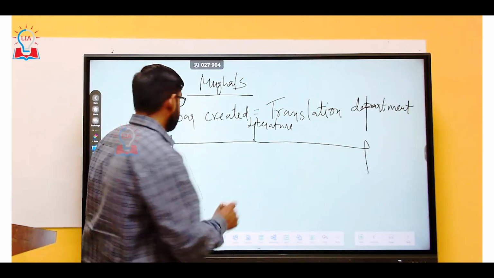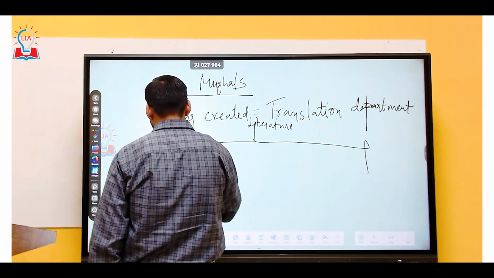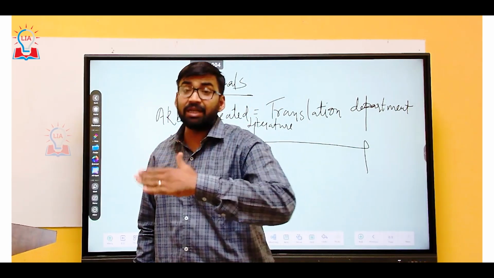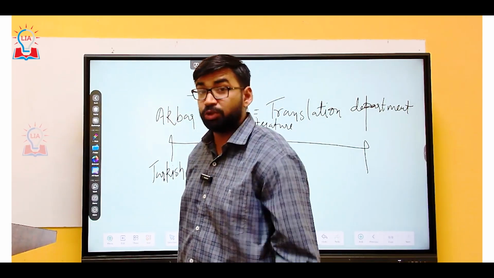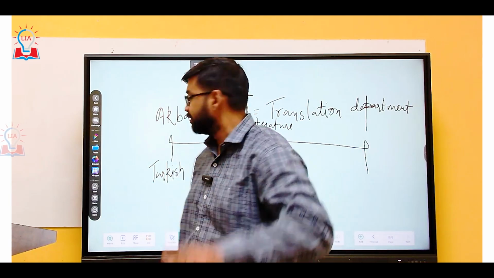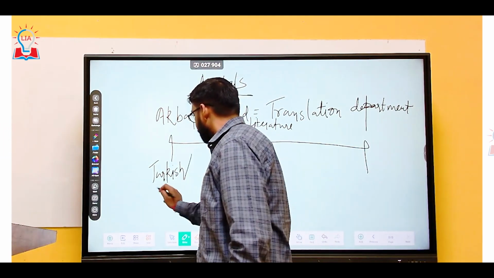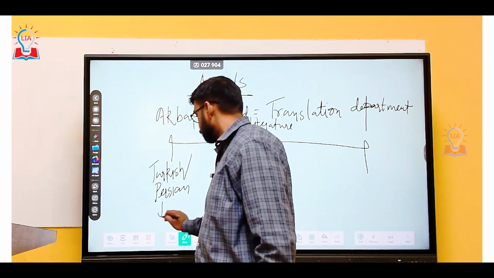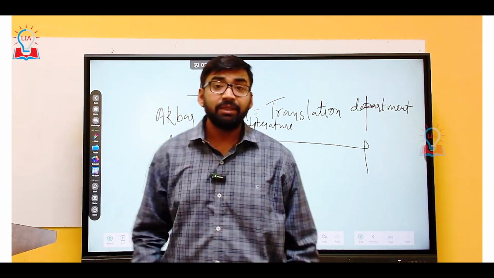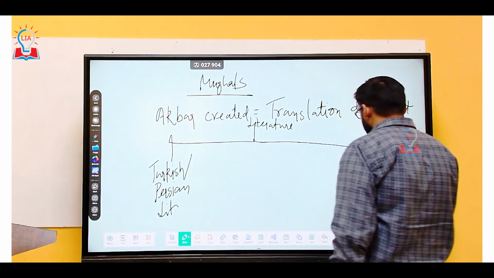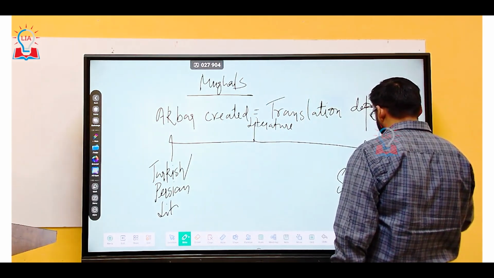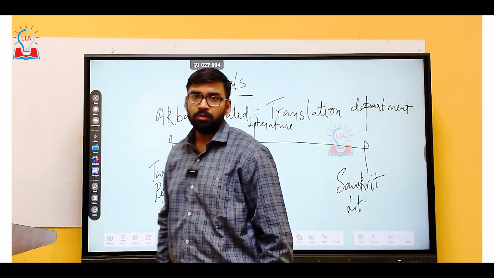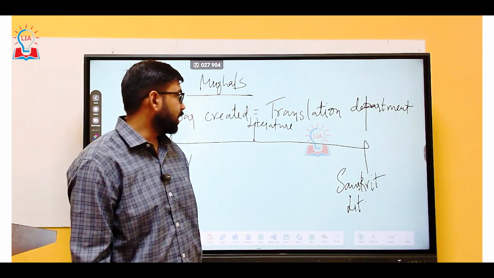Which literature? Turkish, because before Mughals, Turks, Delhi Sultanate rule was there. So their literature should also be translated. So translation of Turkish and Persian literature. Okay. And translation of Sanskrit literature. Getting my point? Okay.